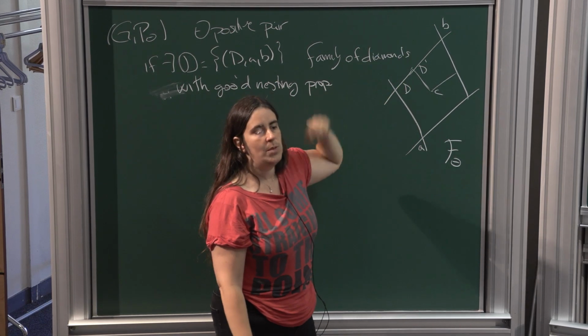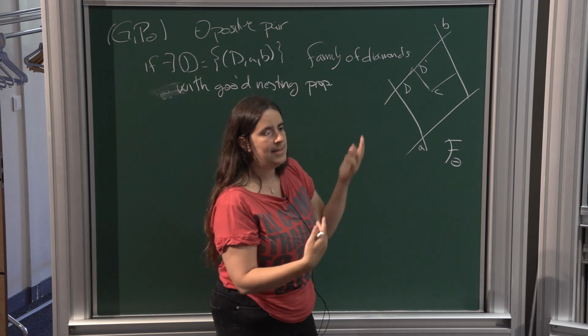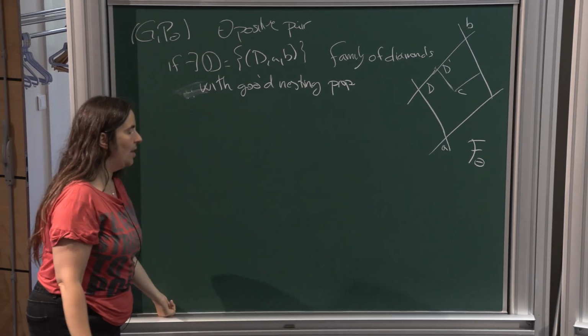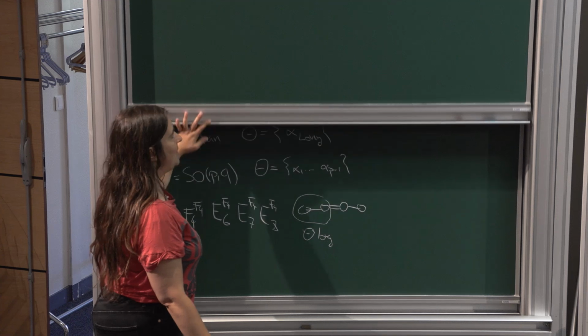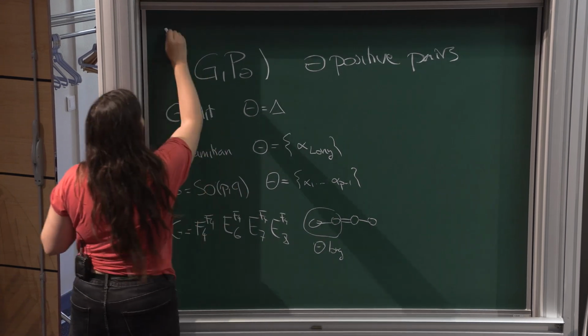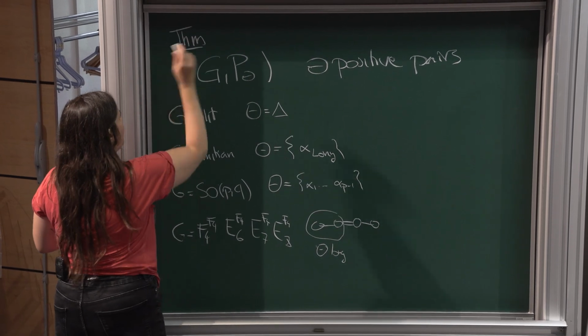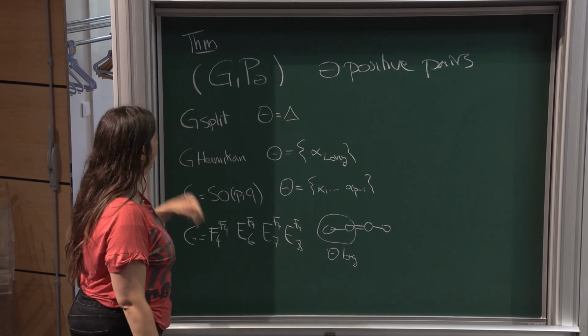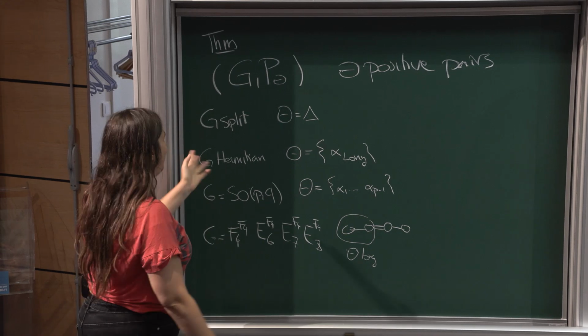We've seen that this is the picture in the circle, and it's a result of Guichard and Wienhard that this happens in a few other cases. This is a theorem, and someone asked me for the list, so here is the list.